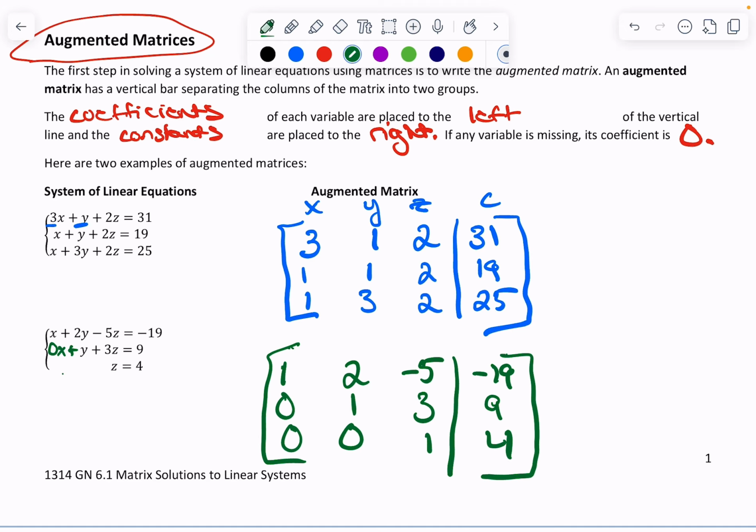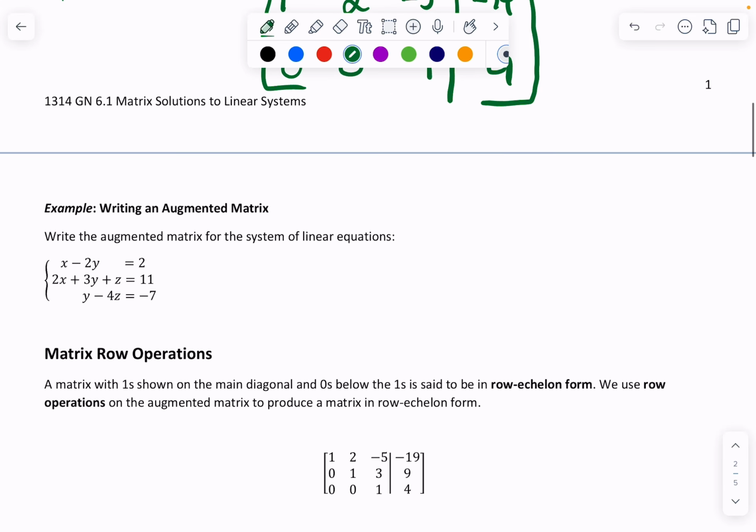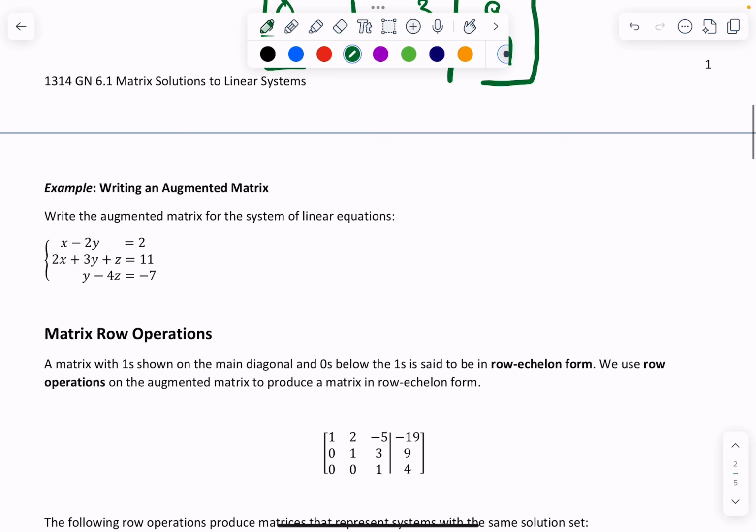Now, here's another example of writing an augmented matrix for a system of linear equations. Again, we need to make sure that we are writing each x, y, z, and the constant. So in our first equation, the coefficient for x is 1. The coefficient for y is -2.